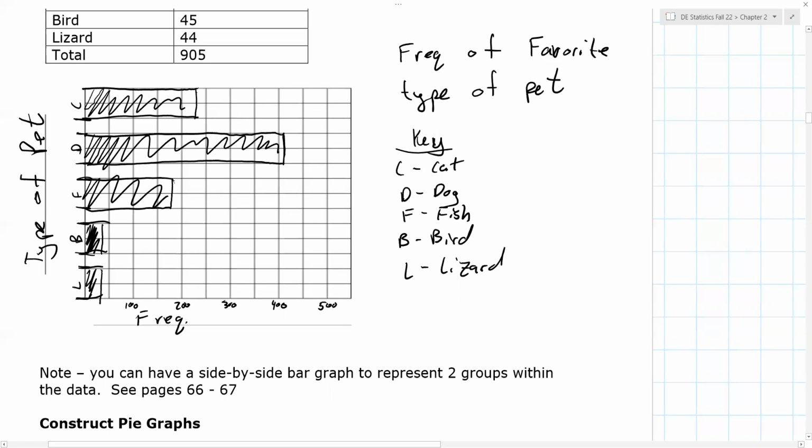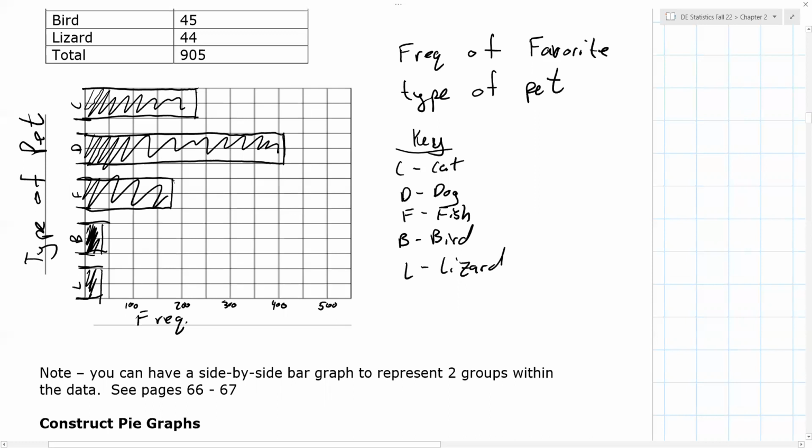And then they'd do the same thing, but from 2020 and they'd make those bars red. And then you could see how favorite pets have changed from 2000 to 2020. That's one way that you would see a side-by-side bar graph. It allows you to compare two different things.